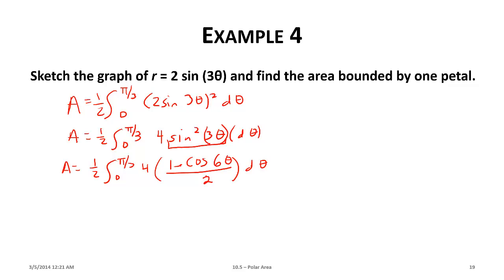As you simplify, 2 goes into 4 two times, and the 1/2 and the 2 also cancel out. Now you're left with area equals 1/2 integral from 0 to pi over 3 of 1 minus cosine 6 theta d theta.